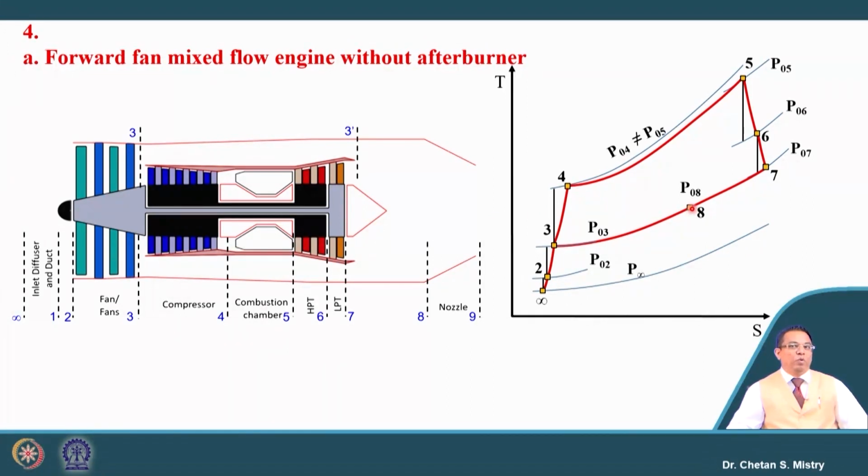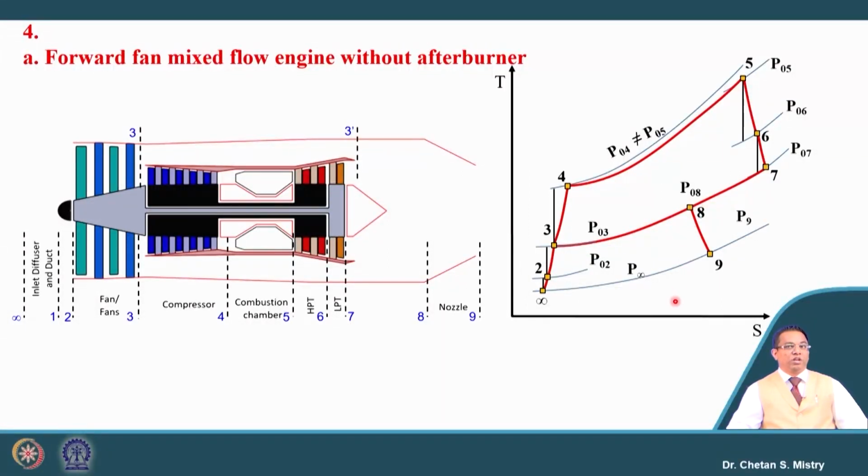So, I will locate my point 8 somewhere here. It depends on what my pressure and temperature are. Mainly the pressure line is here, and depending on how effectively the mixing is happening, the point will shift along this line. Now, what is the next process? We have our expansion process happening inside the nozzle, and that process we represent as 8 to 9.